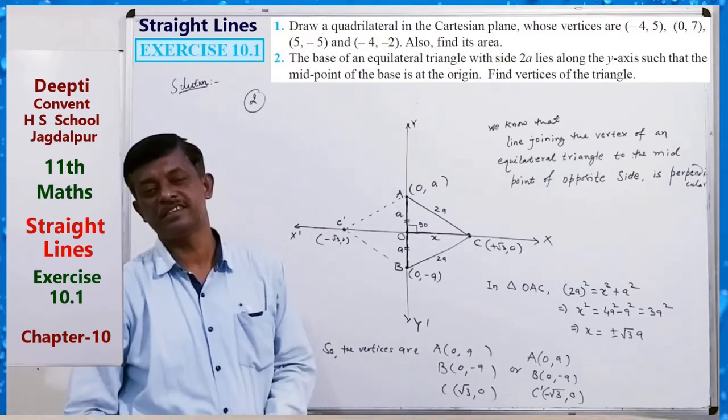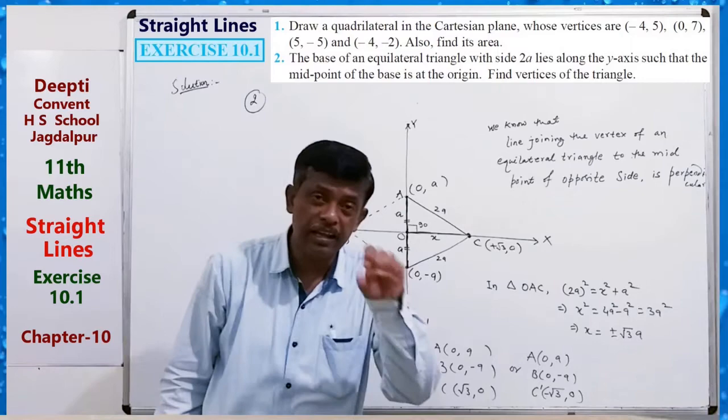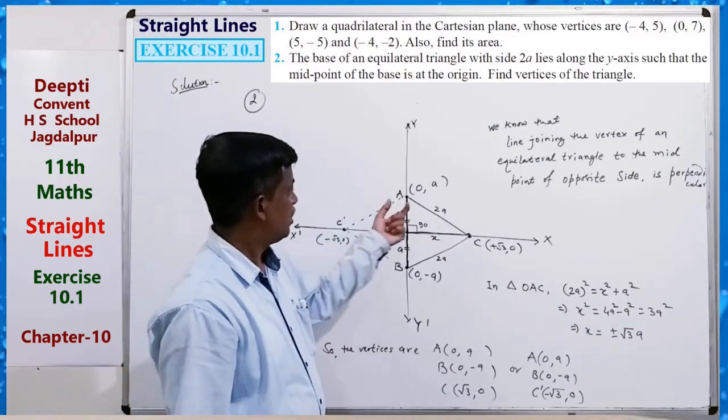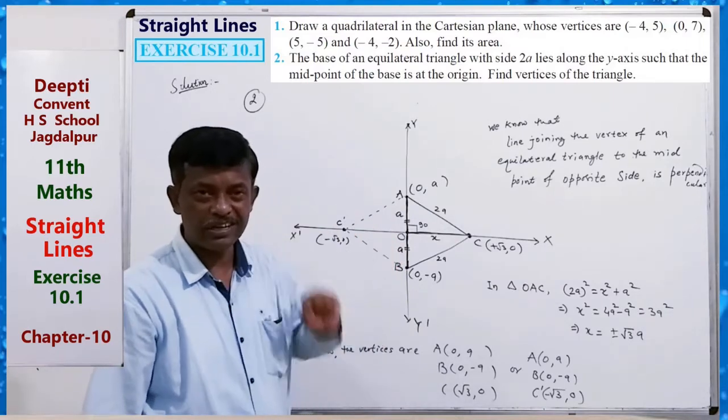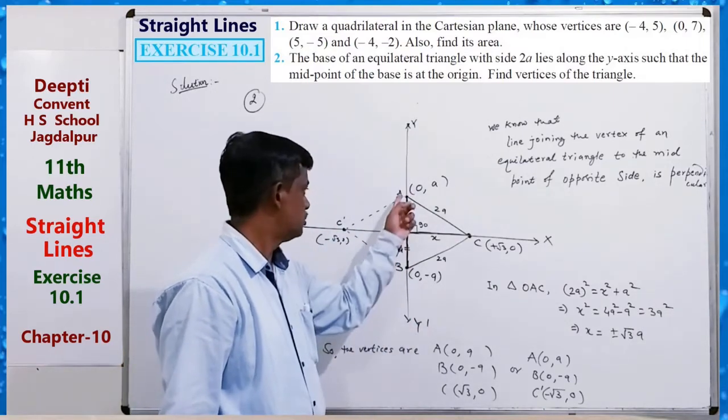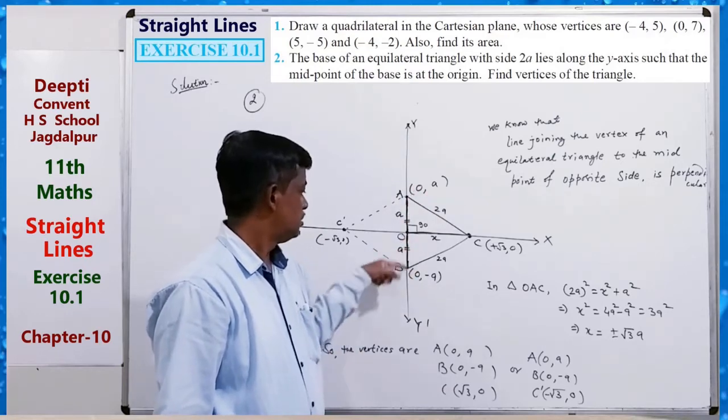So the main thing is, how can we draw the diagram in the xy plane? Then according to coordinate geometry, the x value of this is 0, so 0, a and 0, minus a.